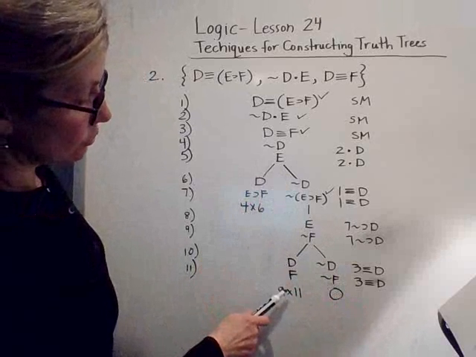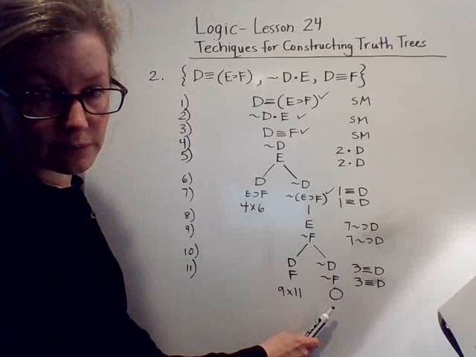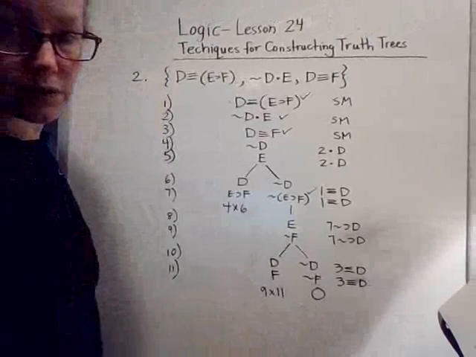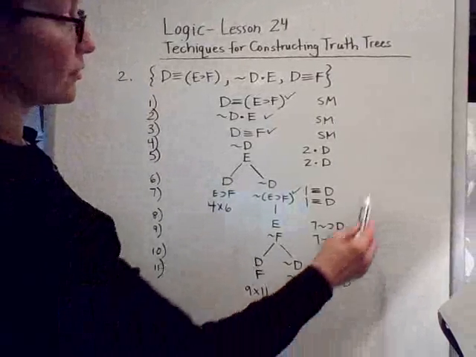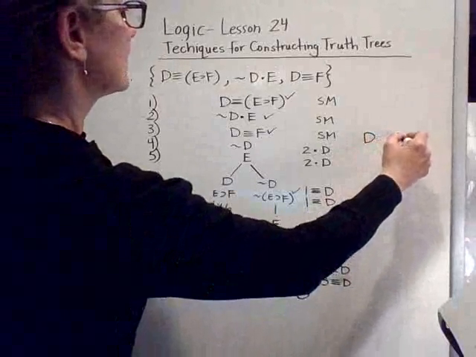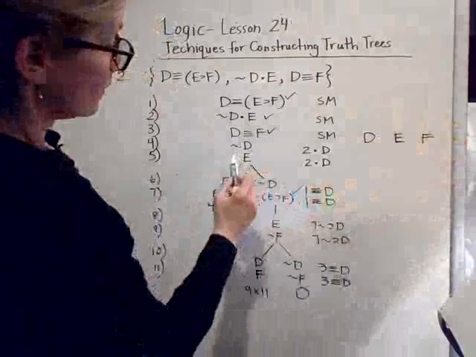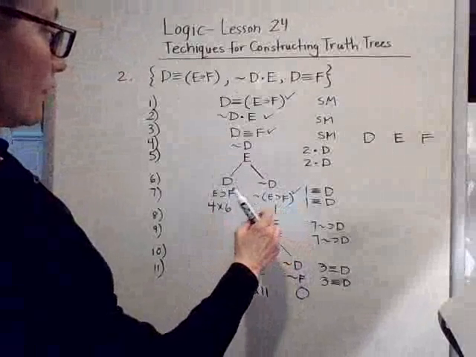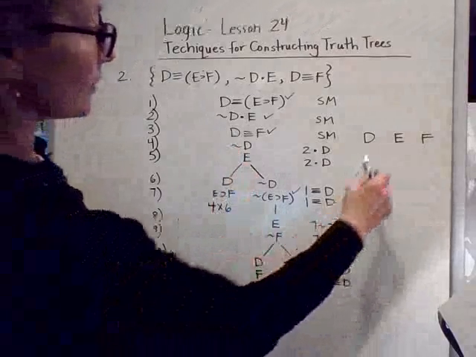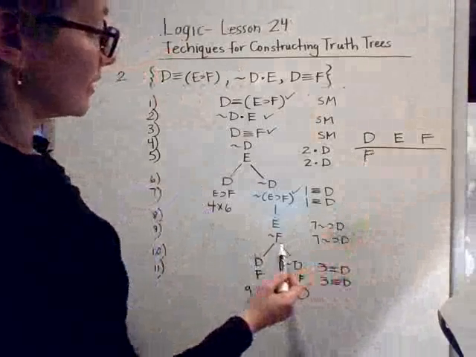So we had 2 closed branches and 1 open branch, and when we have an open branch we can recover the truth values. I'm going to scooch the board over a little bit so I can show you how to do that. We just list all of the members: a D, an E, and an F. For this branch we have not D, so D would be false.